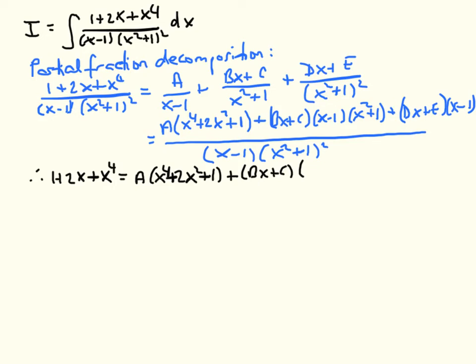So that is x cubed minus x squared plus x minus 1. And then the dx plus e we can multiply out, so we're going to get plus d times x squared minus x plus e times x minus 1.